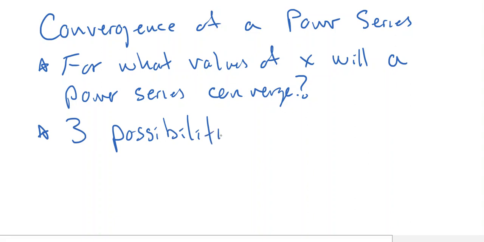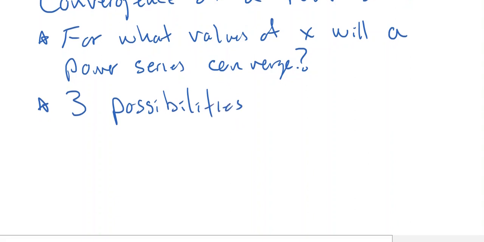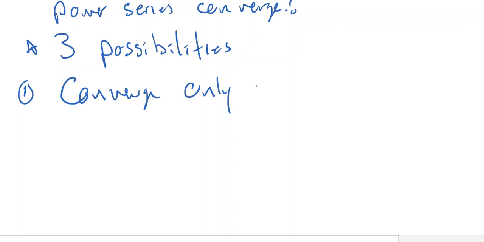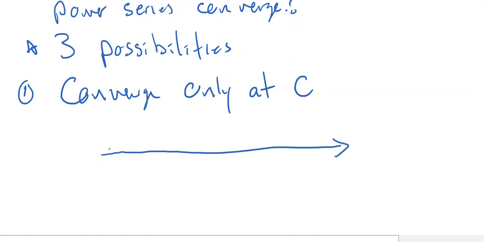There are 3 possibilities. Number 1 is that the power series will converge only at C. So if we take a look at a number line, and on that number line, let's just put C right there in the middle.